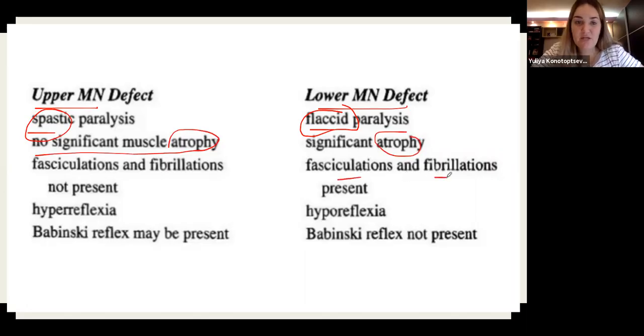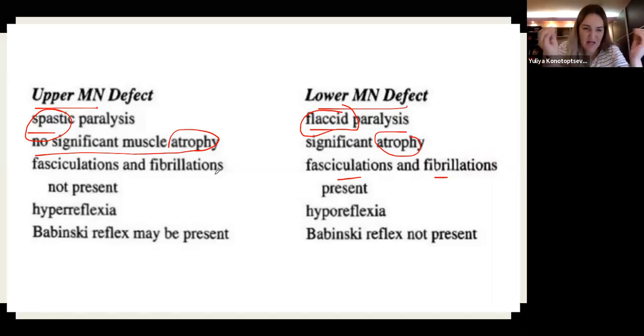Fasciculations and fibrillations are generally, how do you call it? It's generally like the muscle itself contracting. Okay, so the muscle itself involuntarily doing this particular contraction. Typically, lower motor neuron can inhibit it.